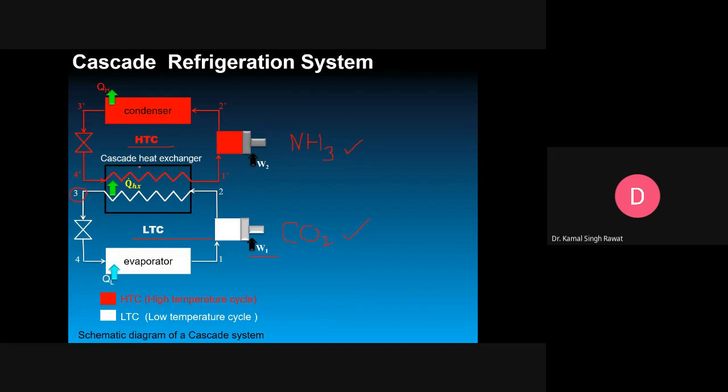Now, the heat rejected by the lower temperature circuit, Q dot Hx, is completely absorbed by this higher temperature circuit in the cascade heat exchanger. So the heat rejected by the lower temperature circuit is absorbed by the higher temperature circuit. Okay. So how much heat is absorbed?